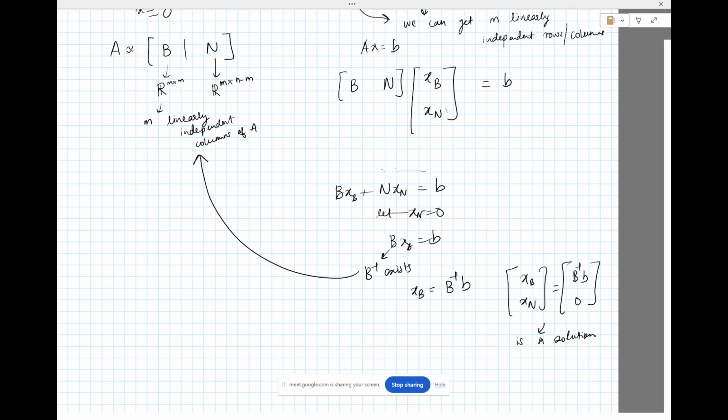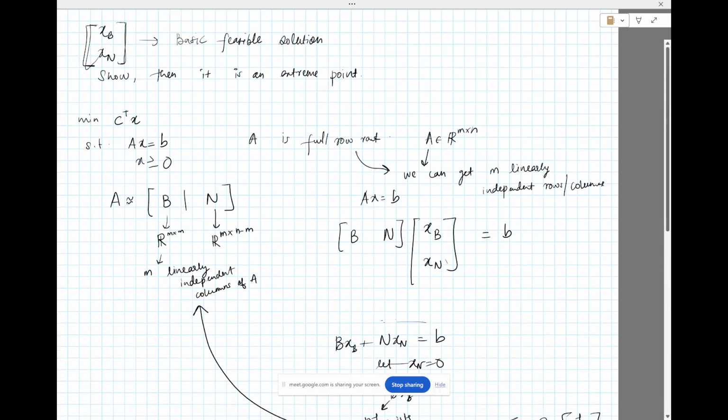Yes. Is a solution to Ax = b, right? But for it to be feasible, we need x greater than or equal to 0.